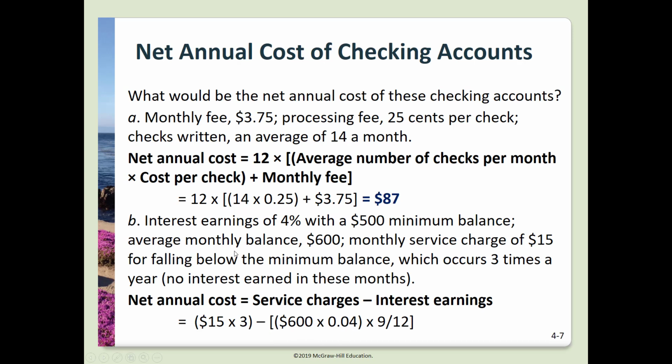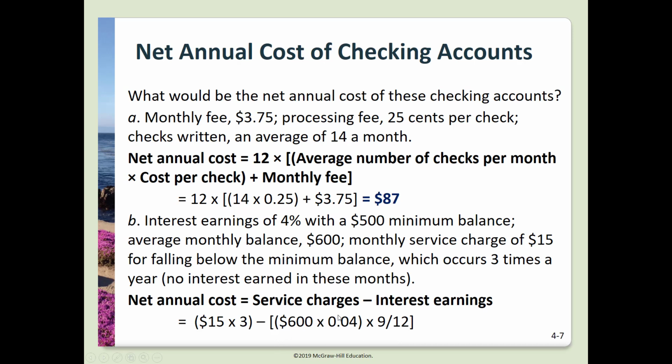And we have an average monthly balance of $600. So that's why I'll take 600 times the 0.04. Then we have to multiply it by the number of months out of the year that we earned interest. So since we fell below the minimum balance 3 months in a year, and we know that there are 12 months in a year, we'll take 12 minus 3. That means I did earn 9 months out of the 12 months for interest.